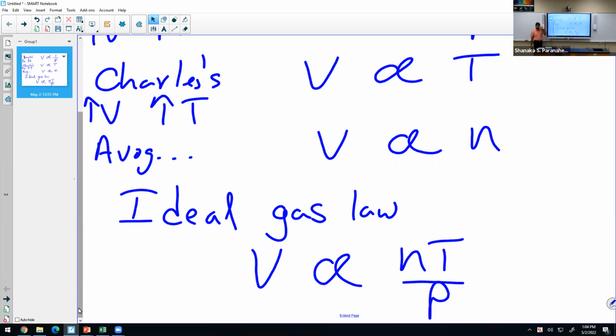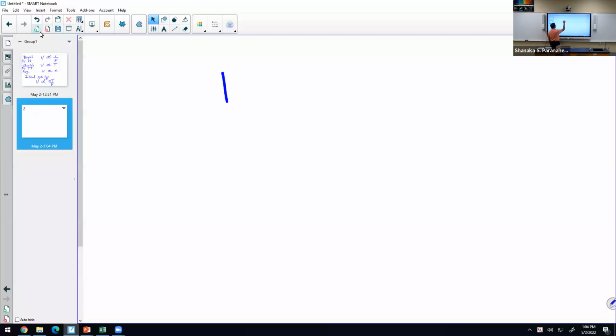The volume is dependent on those 3 variables. In math, in order to remove this proportional symbol, we can use a constant, and we replace that constant with capital R.